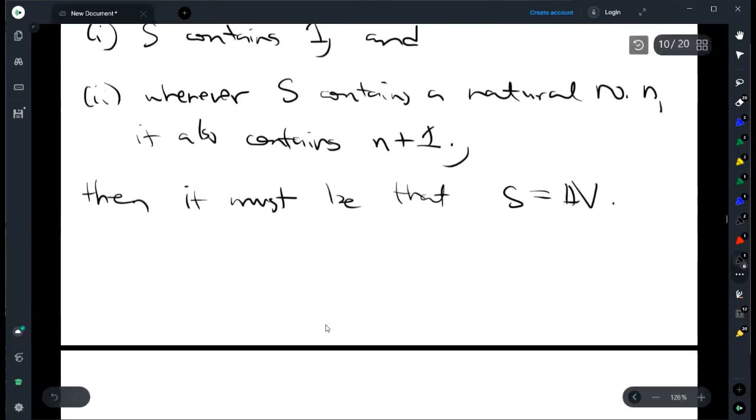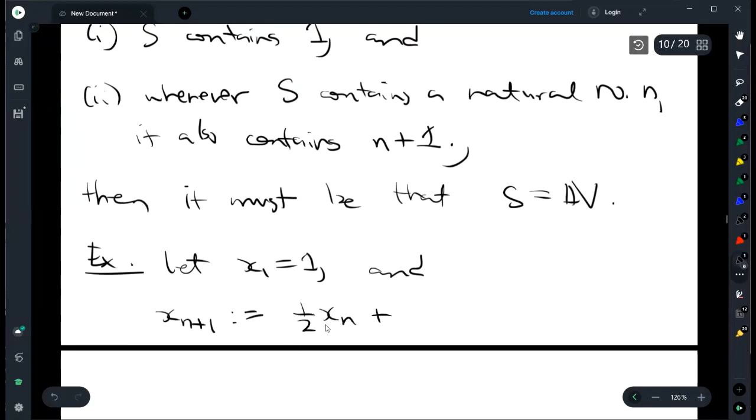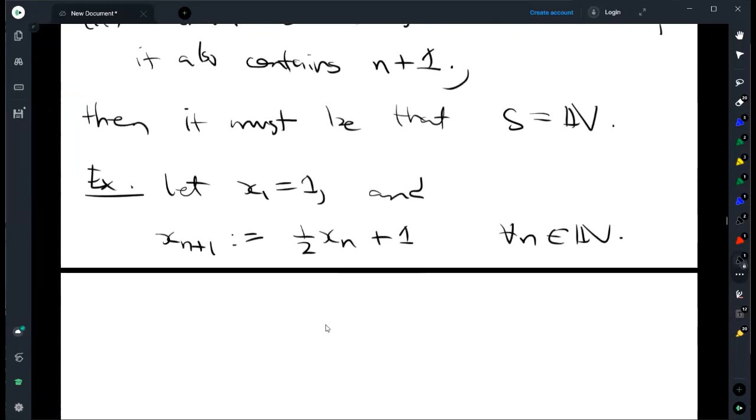Let's prove the following in this example. Let x1 be equal to 1, and we define x sub n plus 1 to be equal to 1/2 times x sub n plus 1, for all natural numbers n.